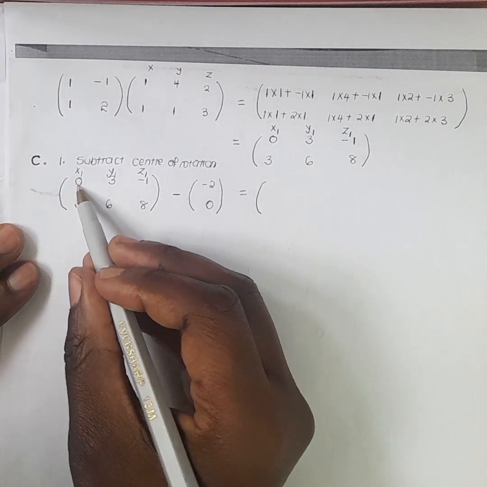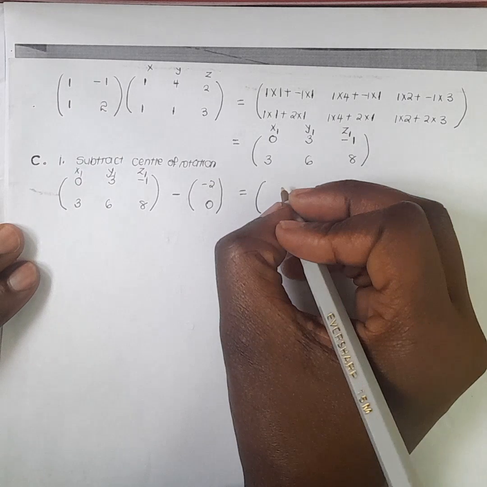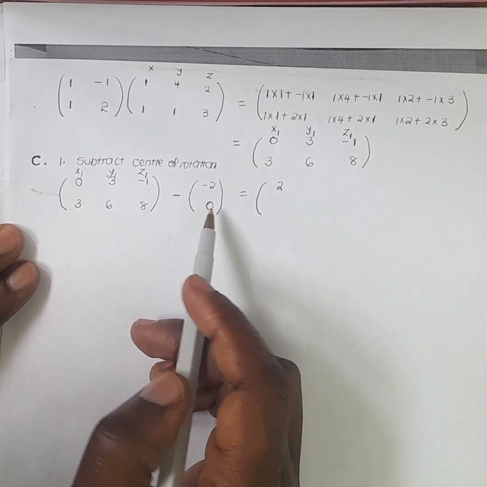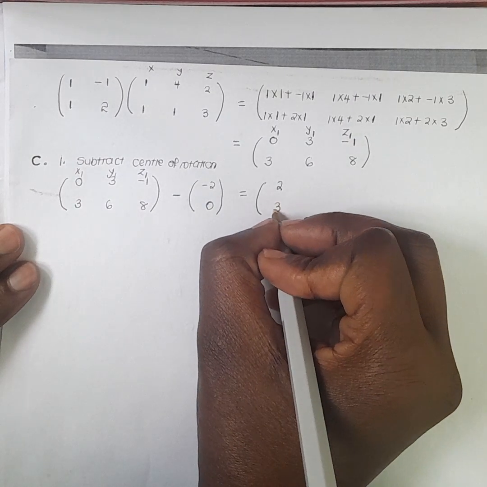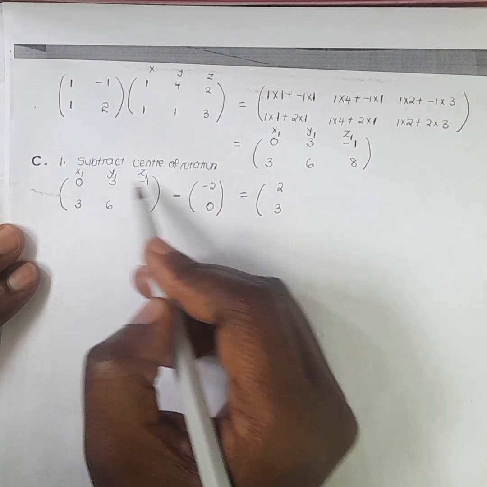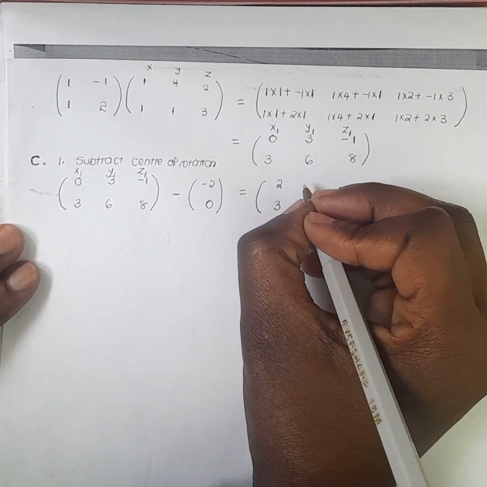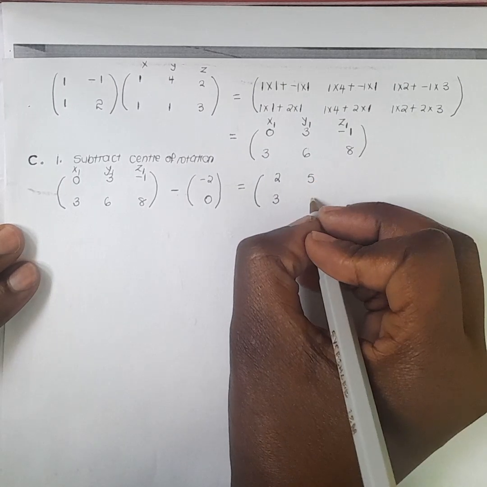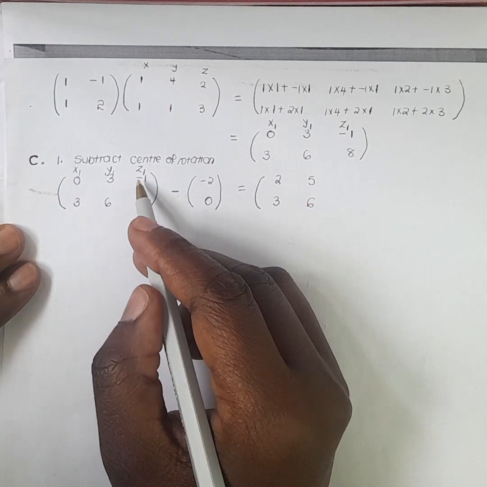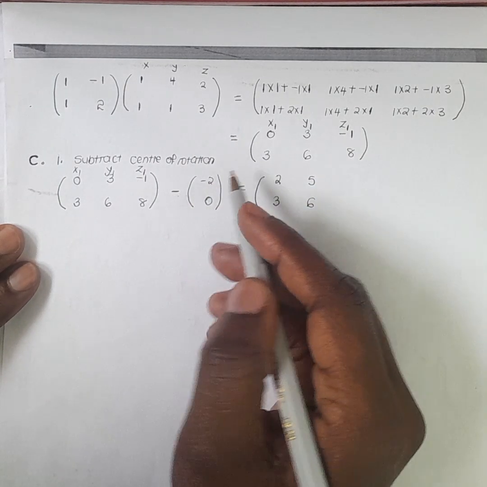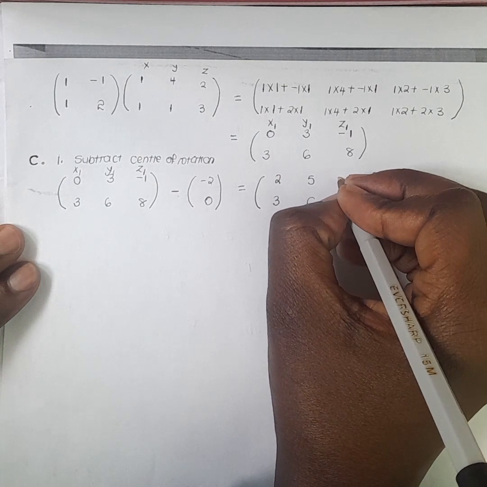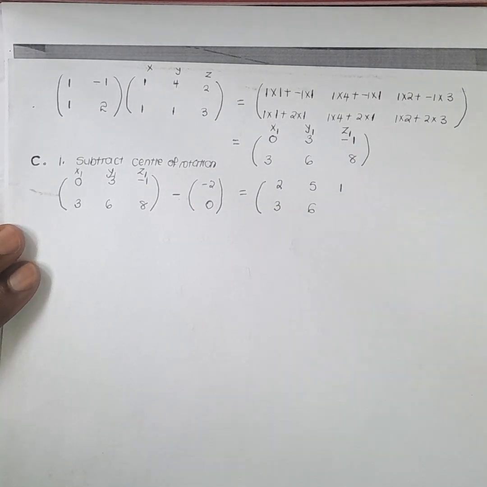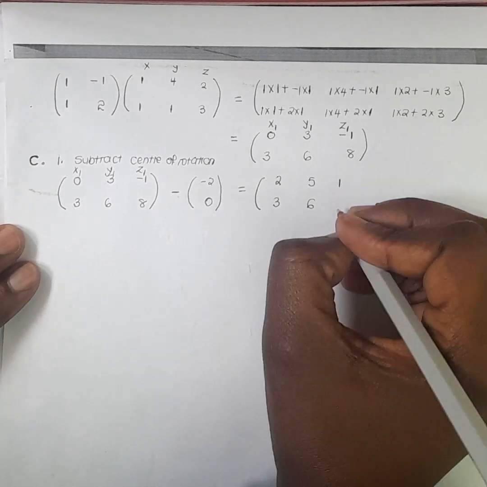So 0 minus 2, we get minus 2. And then 3 minus 0, we get 3. Next, 3 minus 2, we get 5. 6 minus 0 is 6. And then minus 1 minus 2, we get positive 1, and 8 minus 0, we get 8.